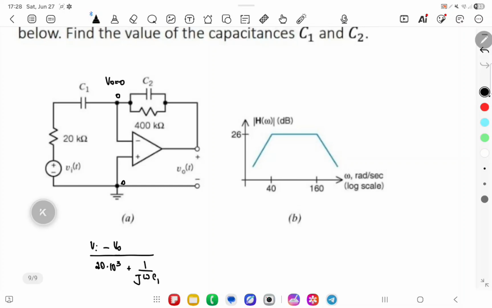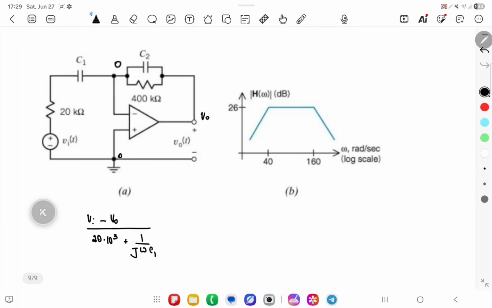So we see that at the output of the operational amplifier there is V0, so I chose not the best value for my voltage here. So let's say it will be a V ground.